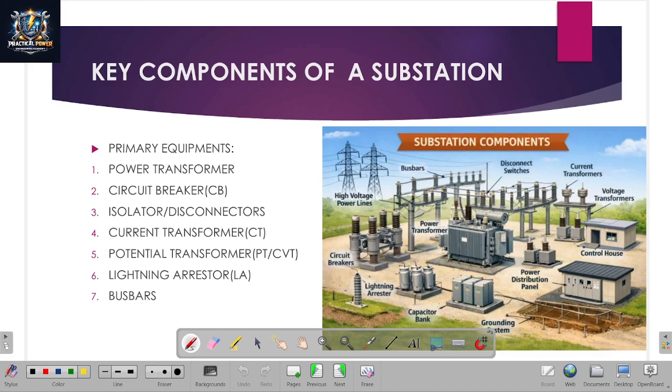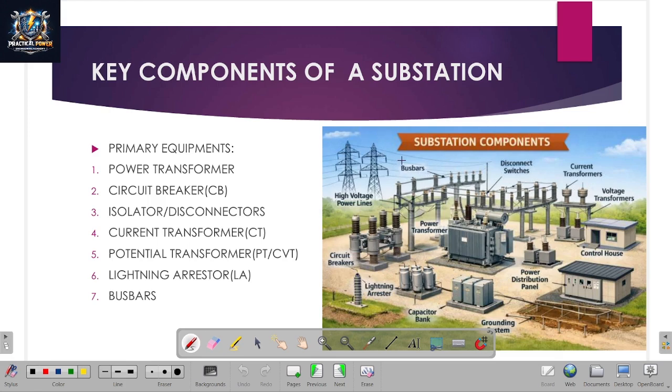These are the current transformer and potential transformer. And the lightning arrestor. Here is the lightning arrestor, which immediately earths the fault current. A huge amount of fault current goes to the earth through the lightning arrestor. Then the bus bars. These are the bus bars.